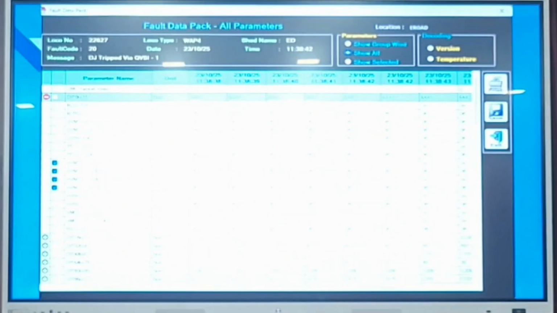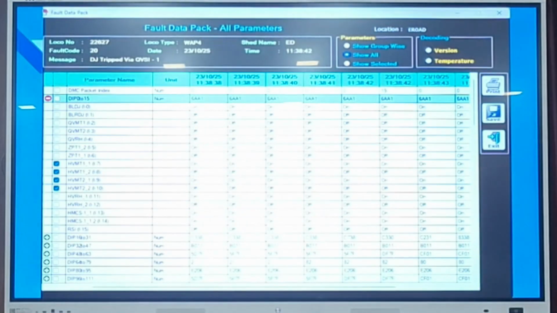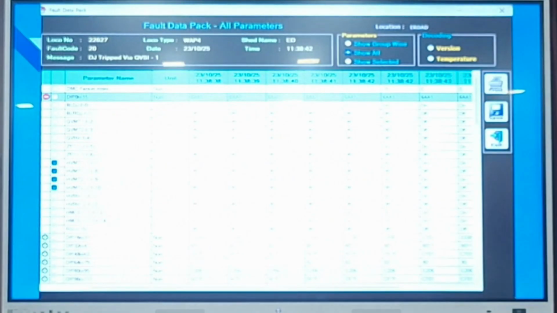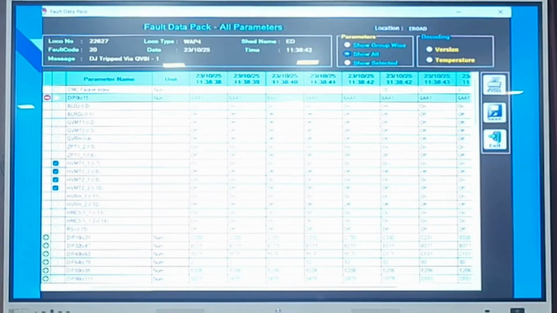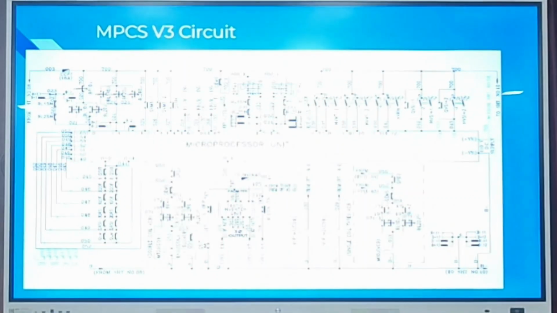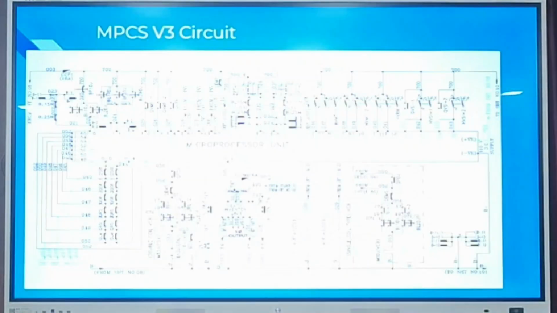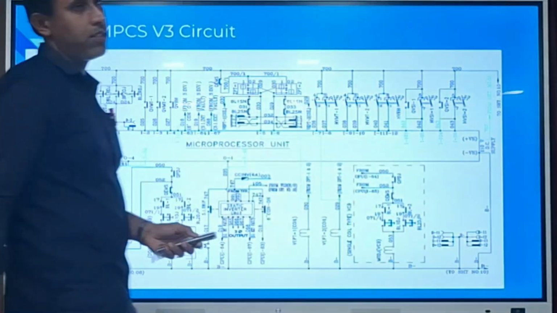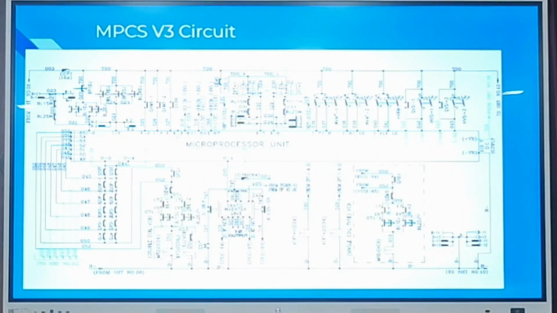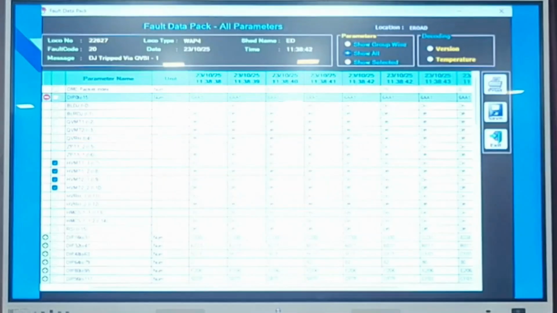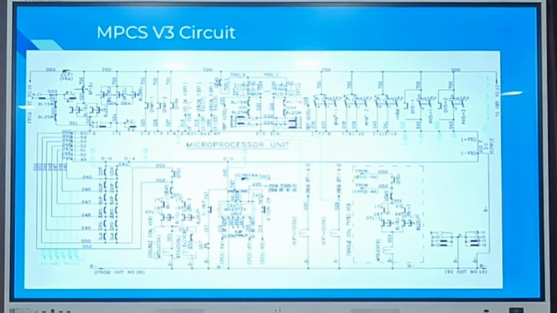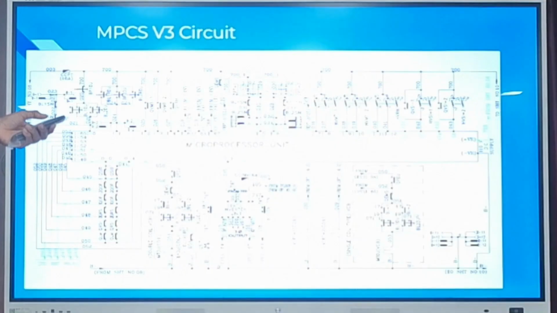The same he has incorporated in the software. Here the QVSI input is I55 and I56. These are the inputs. So your message is DJ reply QVSA button. That means this input is not active, or FDCS has not sensed that QVSA feedback.